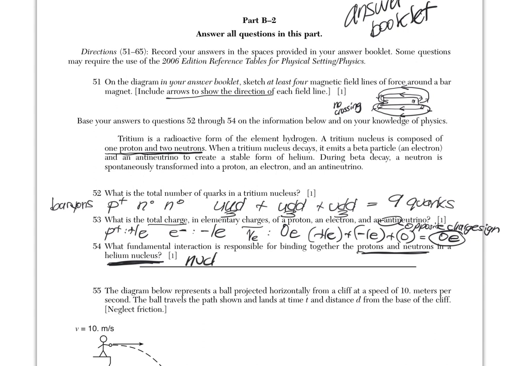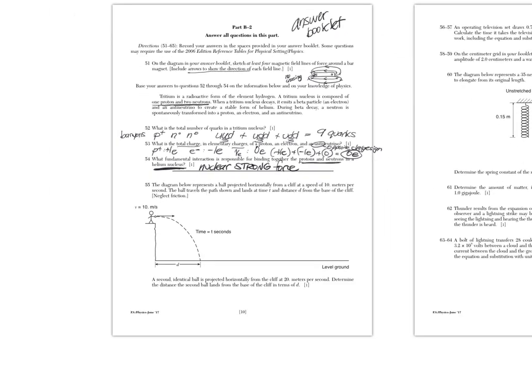That would be the nuclear strong force, because the neutrons don't normally react with each other. They're neutral, except when you get them real close. And then the nuclear strong force holds them together. Nuclear strong force also opposes the natural repulsion protons have towards each other. So that's the nuclear strong force.